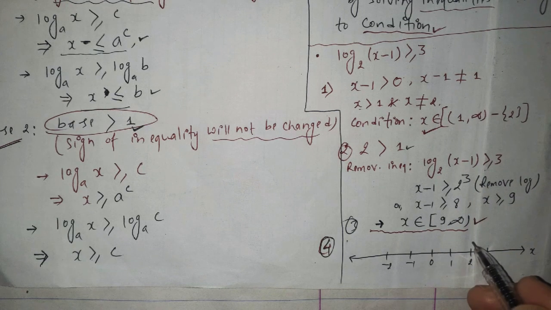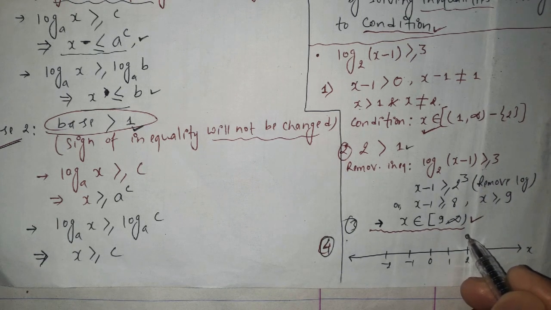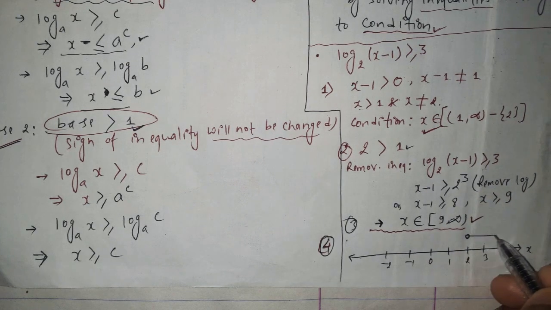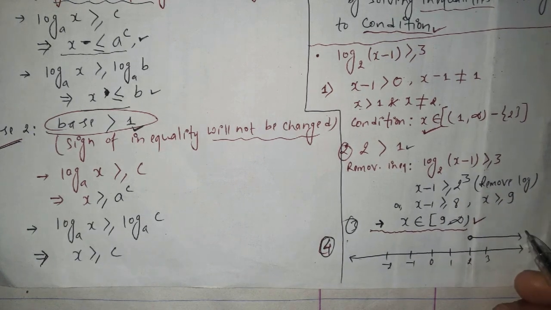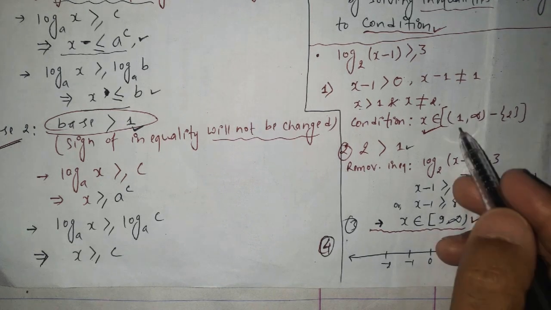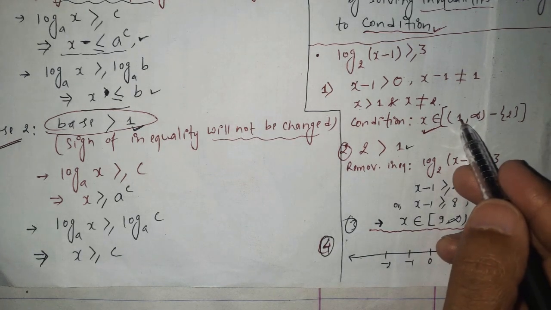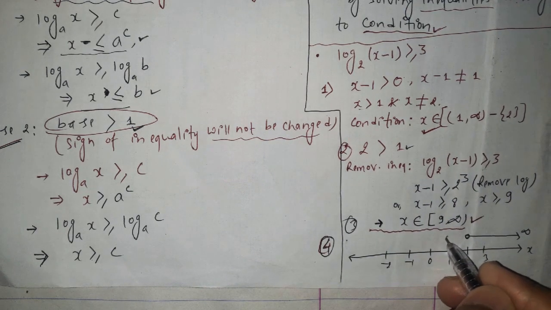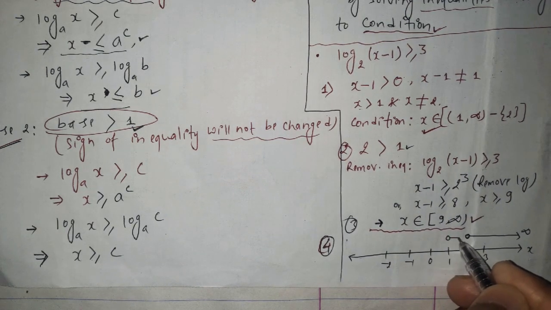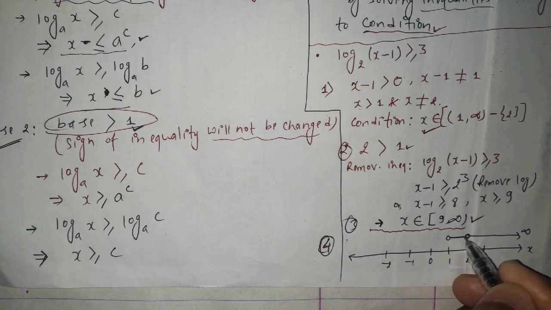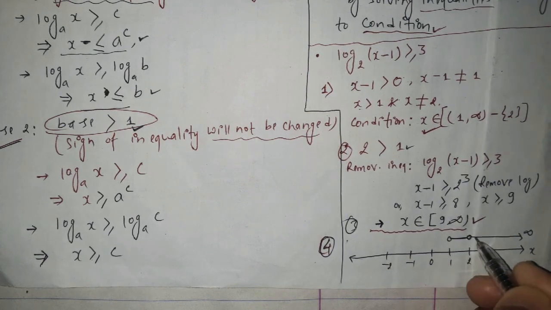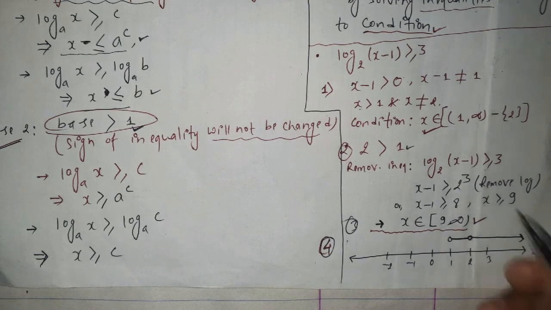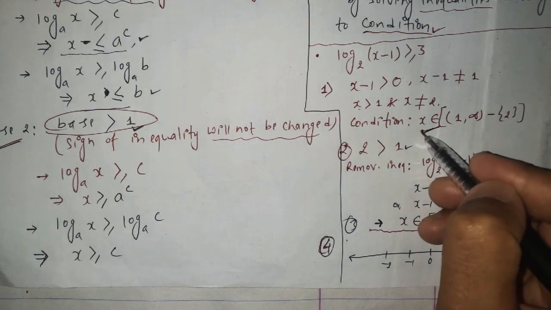At the point 2 there is a hole, the 2 does not belong here. From 2 to infinity it will take infinite values, and the number 1 is not included, so at the number 1 we have to take the open circle. This will be the number line representation for the solution set of this condition.